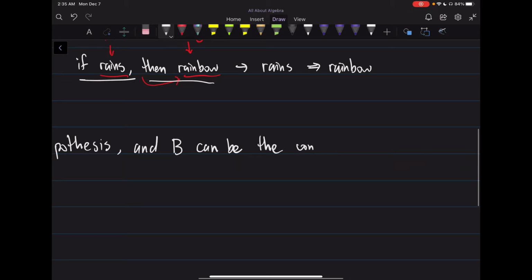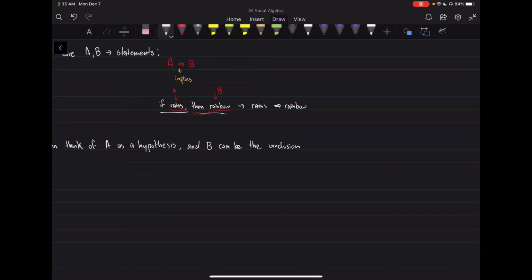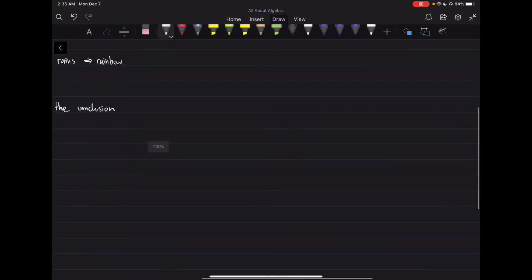Because if we're assuming A is true, whatever the truth value of A is, then we must have something that we're going from there, like we're using it as a foundation and working off of it, right? So it must have something that we're branching off to.